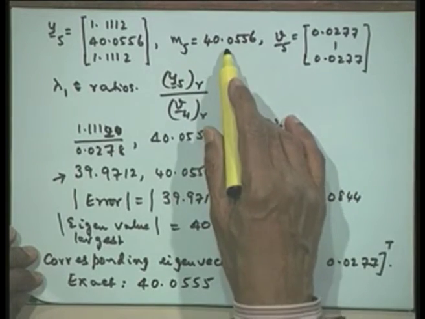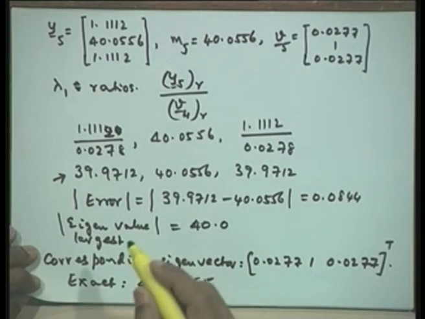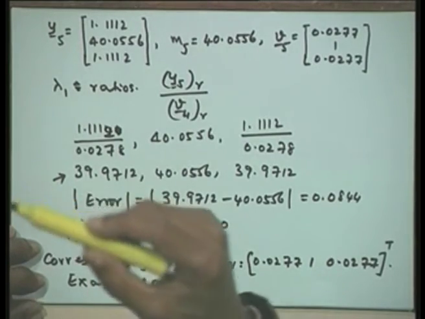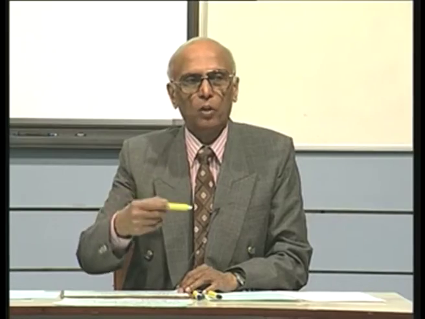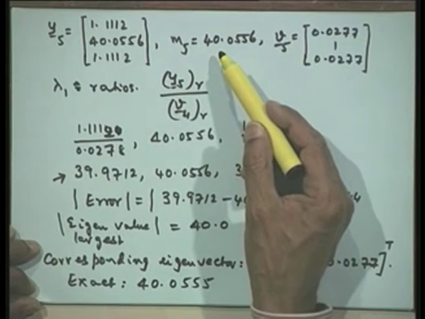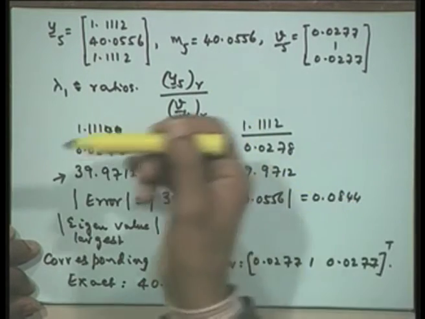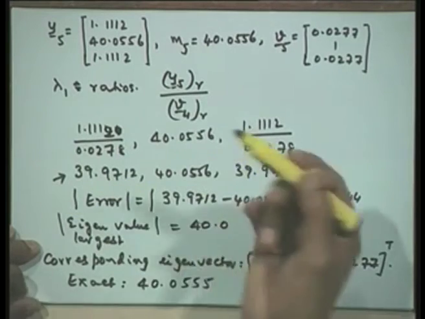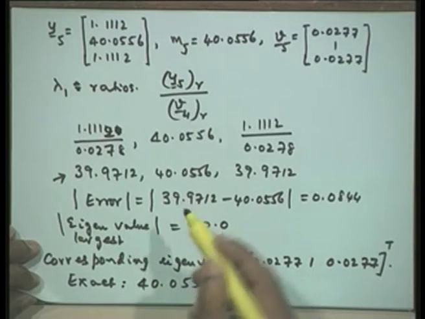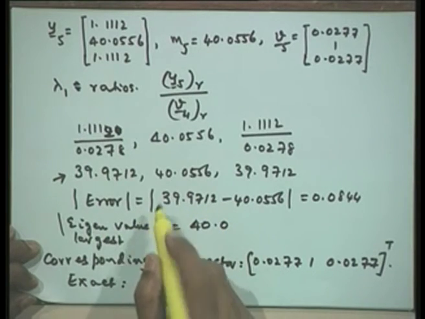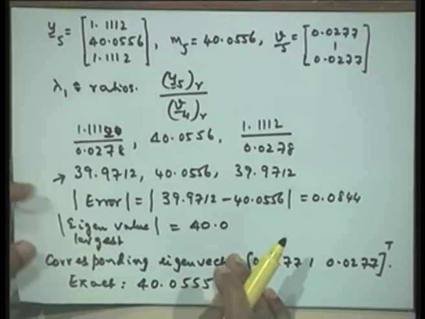This also tends to the required eigenvalue, but as defined we have taken at a particular level k plus 1, the ratio of the corresponding components as your lambda 1. Therefore, we would like to take the ratios of this one. Yes, it is true, this also would converge to the required eigenvalue. When we take that common factor out, that also comes to the eigenvalue, but in general we take this particular thing, but that is also correct.